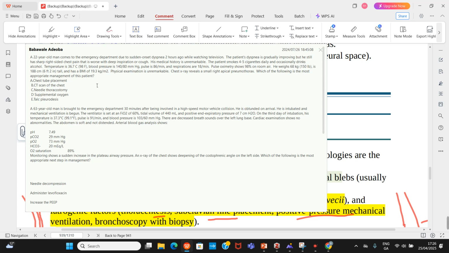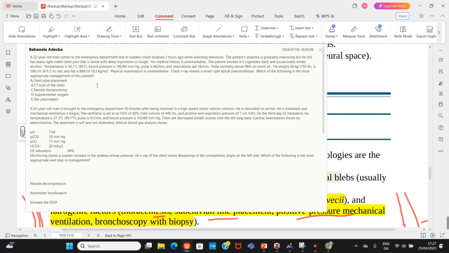This is a 22-year-old man who comes to the emergency department due to sudden onset dyspnea 2 hours ago while watching TV. The dyspnea is gradually improving, but he still has a sharp right-sided chest pain that is worse with inspiration or cough. Medical history is unremarkable. The patient smokes 4 to 5 cigarettes daily and occasionally drinks alcohol. Temperature is 36.7. Blood pressure is 140. Pulse is 86. Respiration is 18.